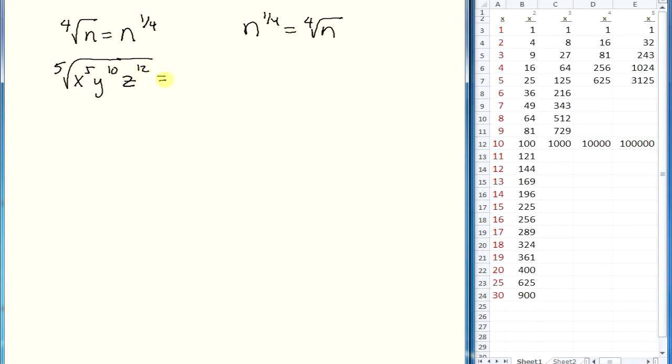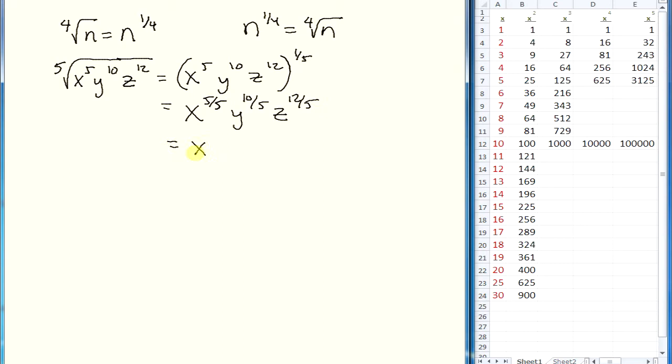If I look at each piece and say, okay, this is x to the 5th, y to the 10th, z to the 12th, and raise it all to the 1/5, then I can also look at this as x to the 5/5, y to the 10/5, z to the 12/5, and realize that this is actually x to the 1st, y to the 2nd, and z would still be to the 12/5, but even that's going to be useful in a moment because anything that's a whole number can actually be pulled out of the radical.